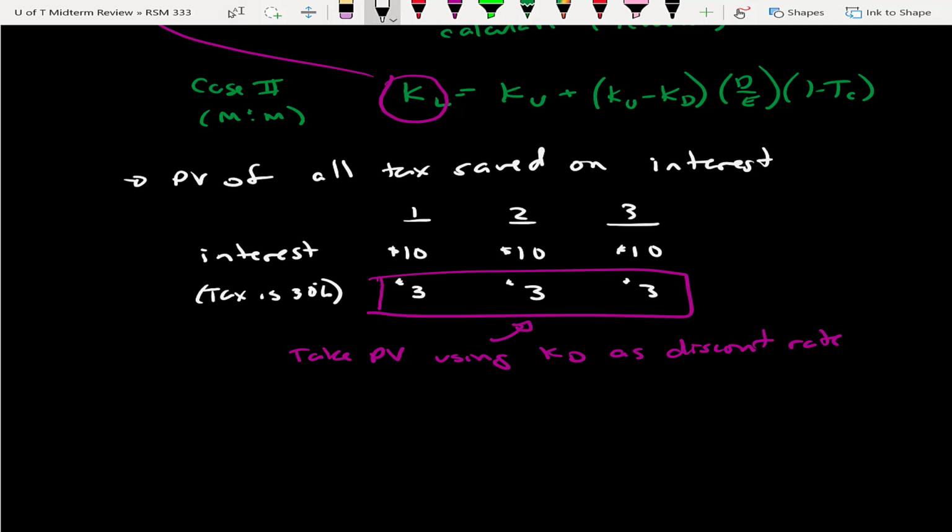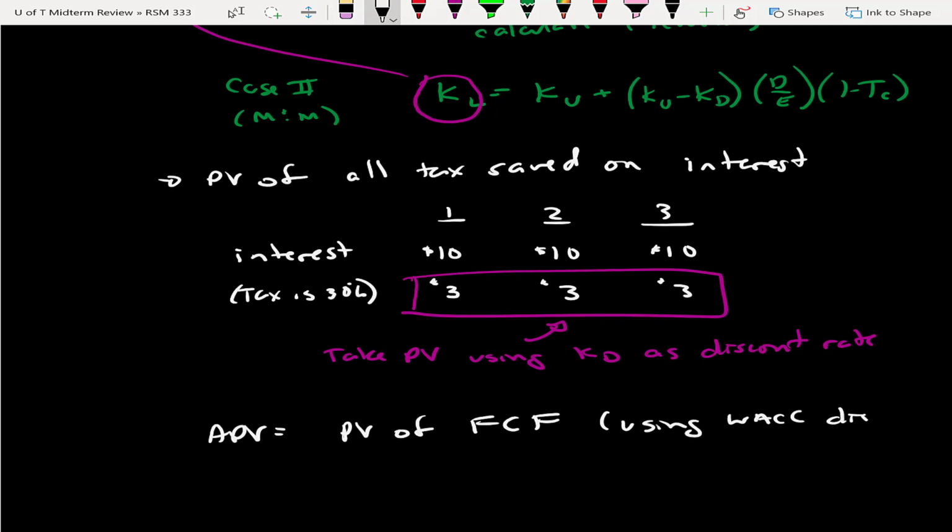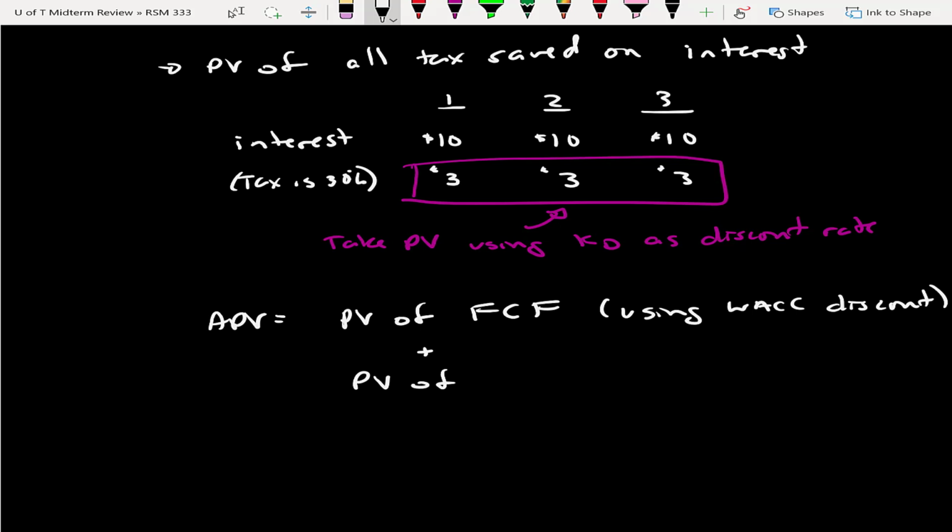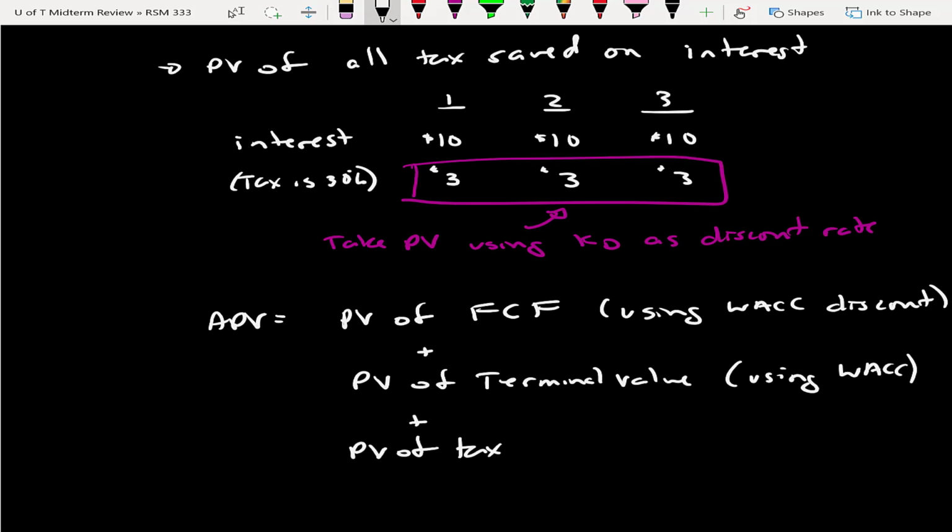So let me write all of that out. So your APV is going to be PV of the free cash flow, and I'll write here, using WACC as a discount, plus PV of the terminal value, and again using WACC, and then plus the PV of tax saved on interest.